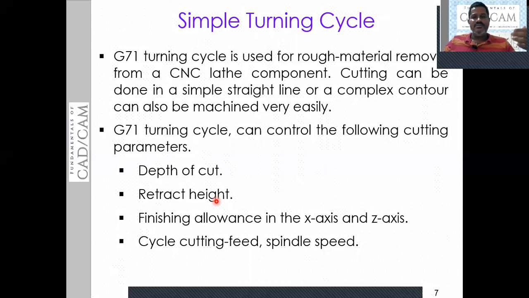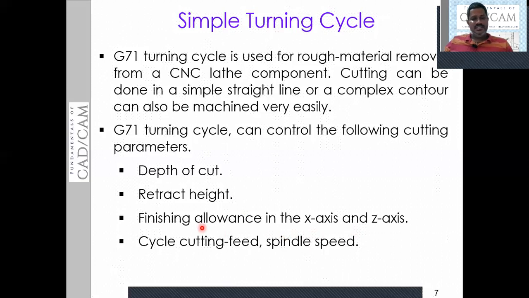So the tool needs to lift a certain height before going to the next cut. We need to specify this height, and then the finishing allowance along the x-axis and z-axis.